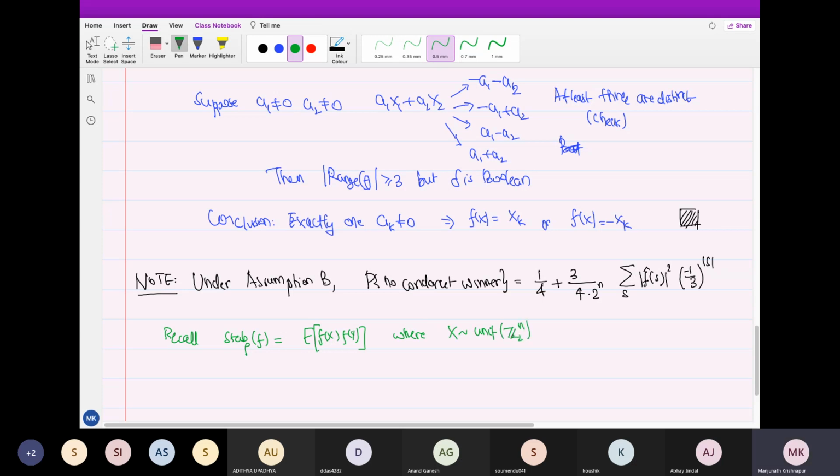We pick a random point, that is how x is, and y is constructed in the following way. It is taken to be x_i with probability, what is the probability?